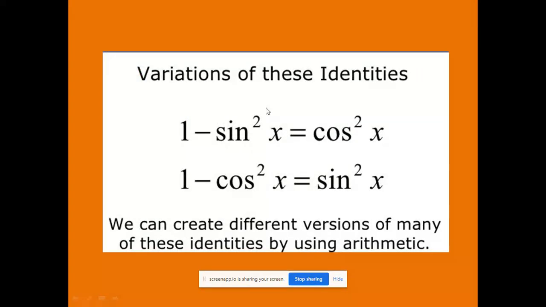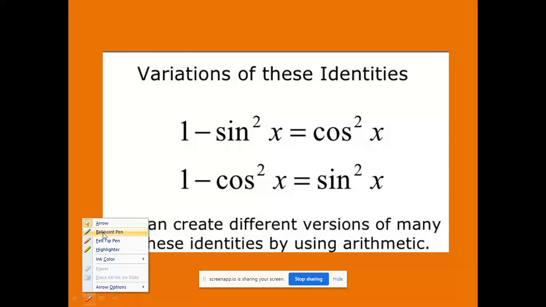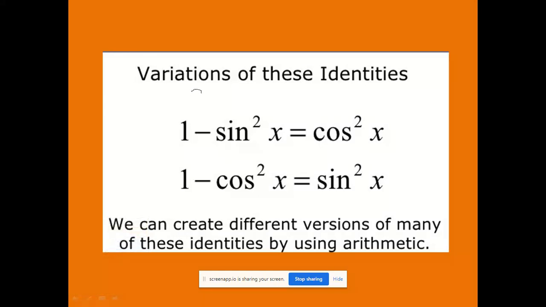Next, variations of the identities. What is the first identity? Sine square x plus cos square x is equal to 1. So from this, if you bring sine square to this side, what will happen?